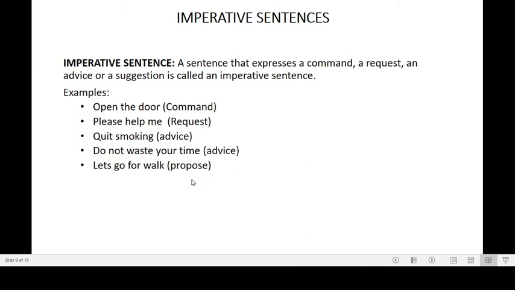It is advice. "Let's go for a walk." They are proposing, it's a proposal. So in this way you should understand imperative sentences are commanding sentences or ordering sentences or requesting sentences. Usually they express command, request, advice, suggestions, etc. And one thing you should understand, most of the imperative sentences start with verbs.